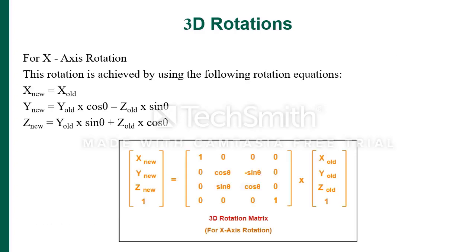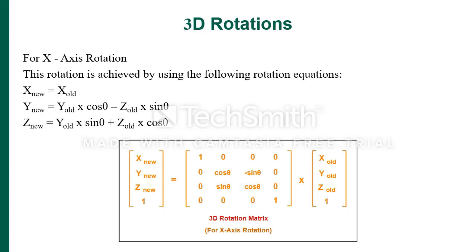The first one is x-axis rotation. X-axis rotation means the x coordinate doesn't change, while the y and z values of the points in the object are going to change. So x old remains the same as x new, and y new is y old cos theta minus z old sin theta. Similarly, z new is y old sin theta plus z old cos theta.